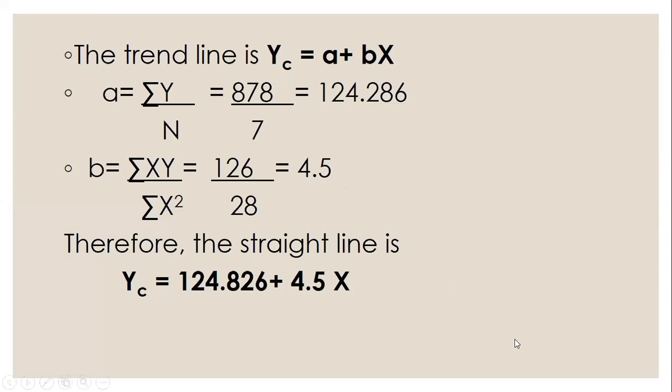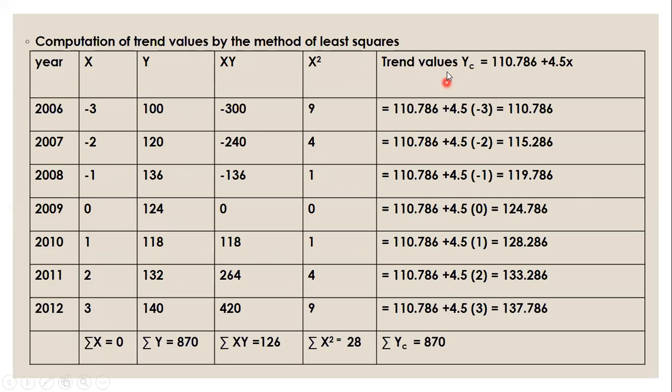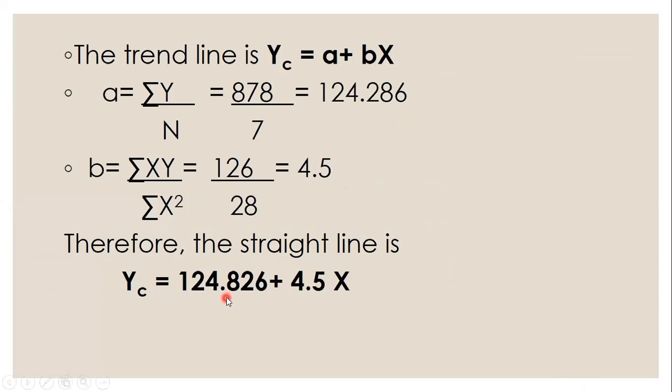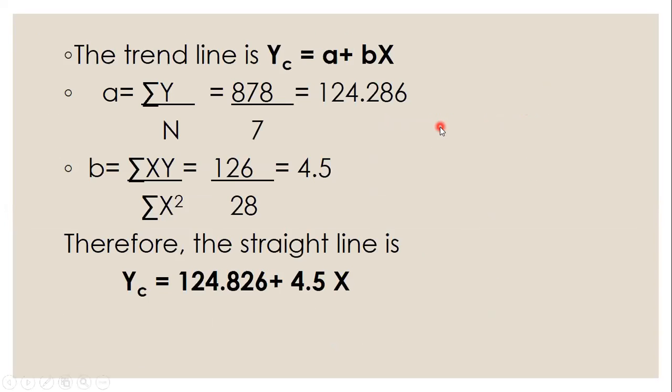Okay, so once you get this trend line, then you are supposed to go back to the calculation here. Now in this calculation, you will add this. Okay, I think there's some mistake. So this is supposed to be 128.